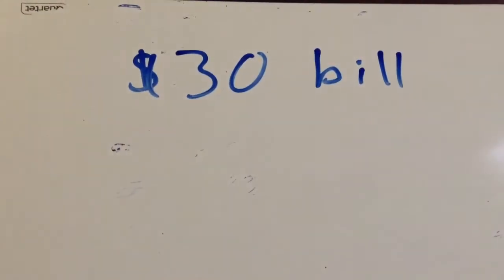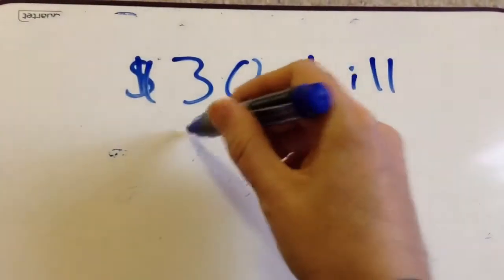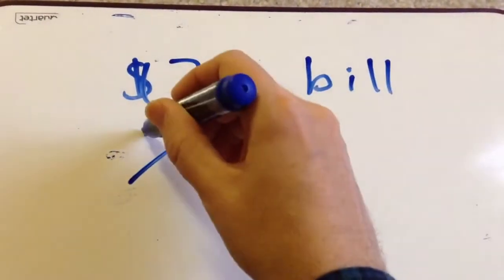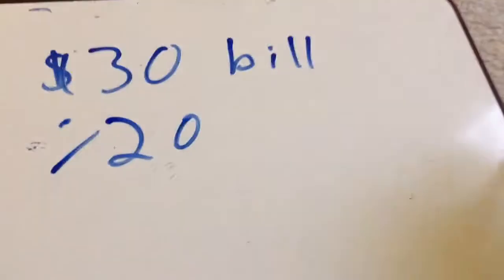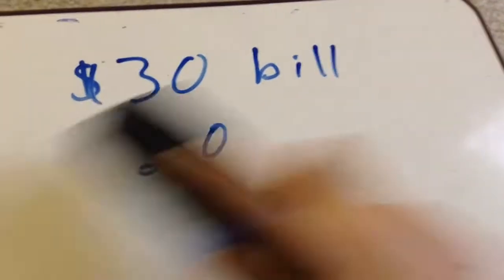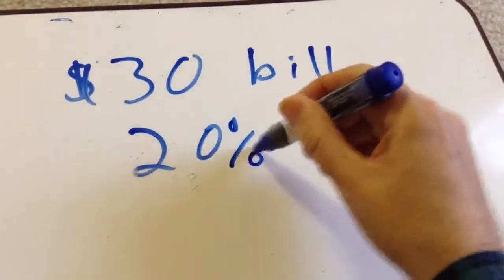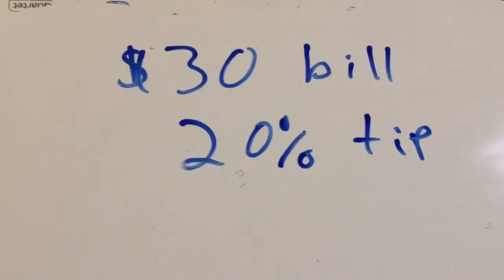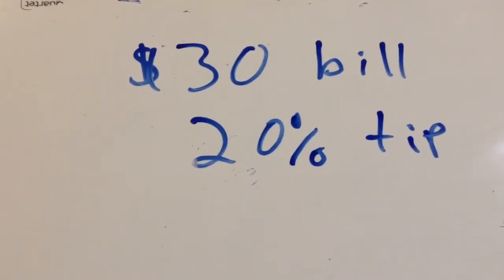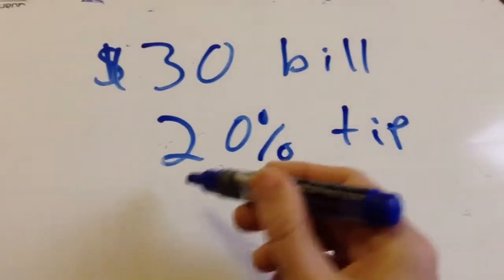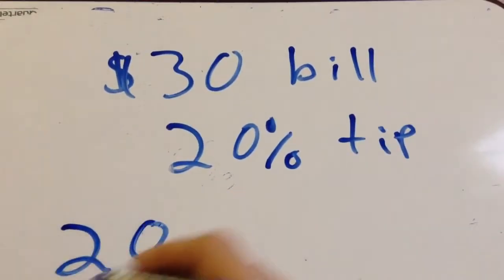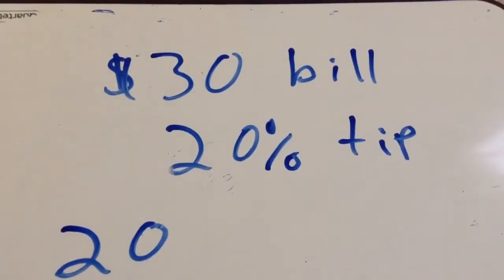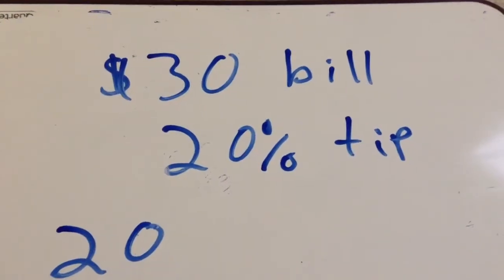And you want to leave a tip of 20. I'm sorry. You want to leave a 20% tip. We set up the proportion the same way. 20%, that goes first. Again, it's 20% or 20 per 100.